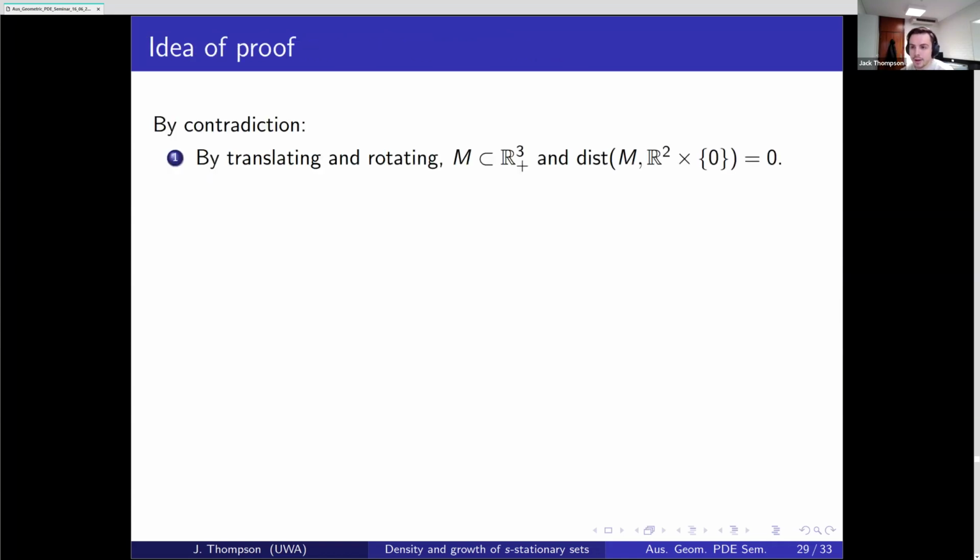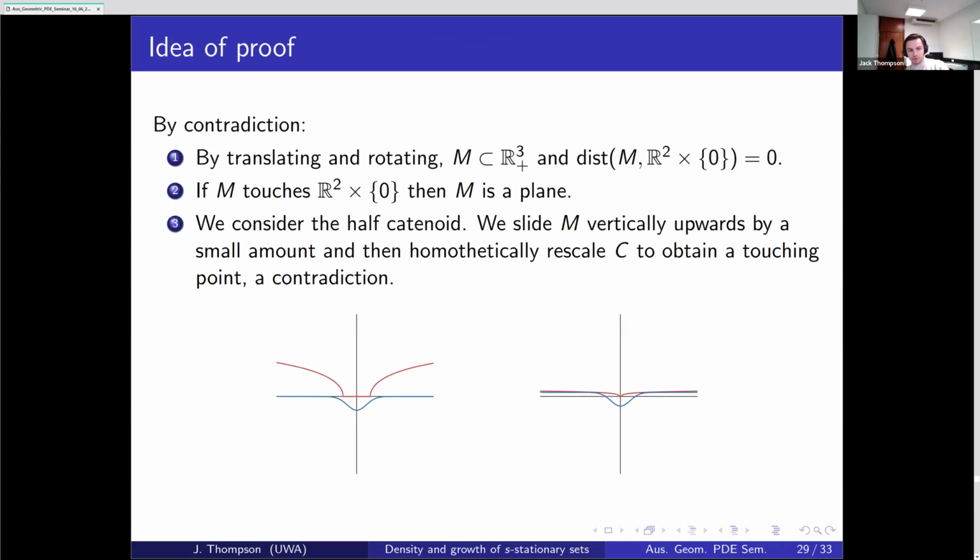Now, the proof is very nice, and geometric. So the idea, got the picture here, is that first of all, I assume by contradiction that I have a non-trivial stationary surface living in a half space. And I assume by translating and rotating that the half space is R^3_+.